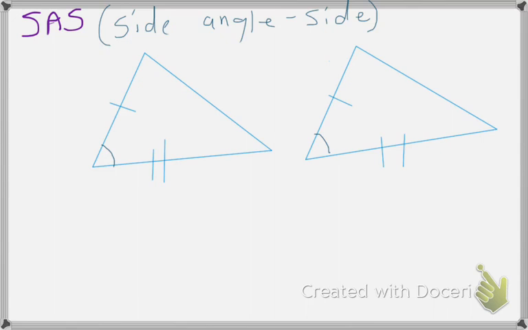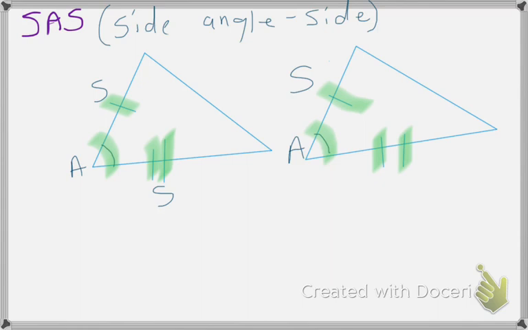This is the way it looks all fancy smancy. Here's the side, here's an angle, here's the side. And this one has 1, so it matches this one. This is the angle, matches this angle. This one has 2, this one has 2, so they match. Side, angle, side. Of course, they can put numbers.